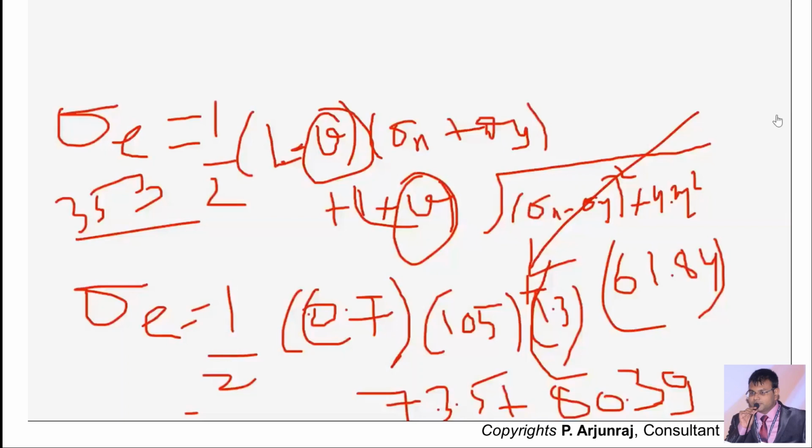So I'm going to give the definition in two different ways. Or simply, if you want to define, you can also define it as the ratio between lateral strain to the longitudinal strain.